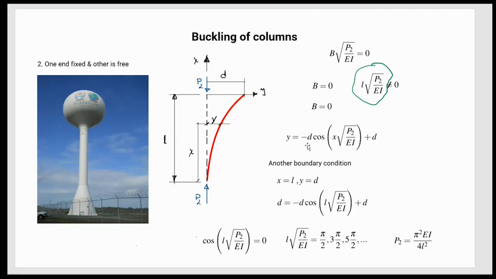But I do know the other boundary condition that I said. It was tricky at the beginning, but I now realize that I need that boundary condition, that when x equals L, meaning at this point, y is going to be equal to d. And when I substitute that in, I'm going to end up again with the situation that the cosine of this has to be equal to 0.